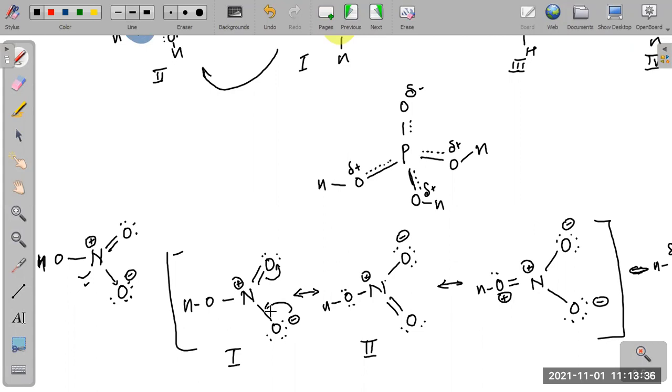Then the migration of electrons has been shown. One of the lone pairs of electrons is then participating with N to form a double bond. Now this time the pi bond of nitrogen and oxygen is getting opened up to free up an orbital, forming this set of canonical structures, and then the third canonical structure is being formed by participation of electrons from the oxygen which is bonded with hydrogen.